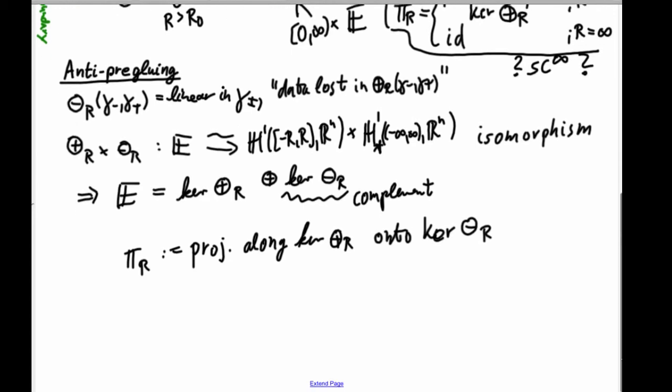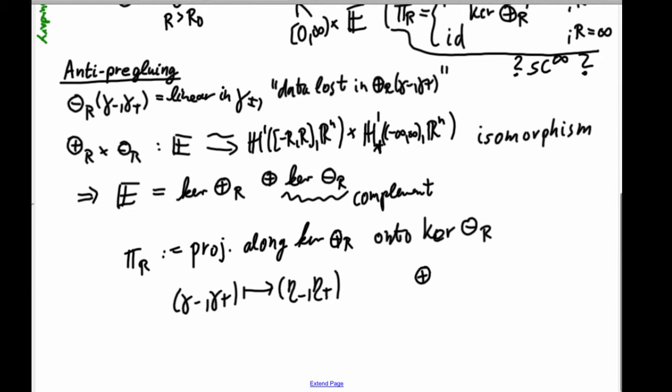So, in a little bit more formulas, what I'm doing is I'm mapping gamma minus, gamma plus to two possibly different vectors, both half infinite.